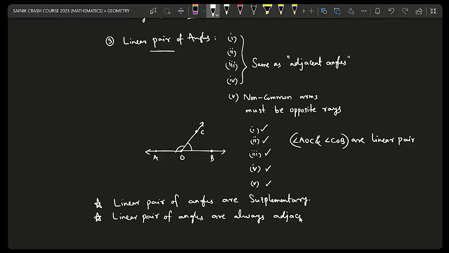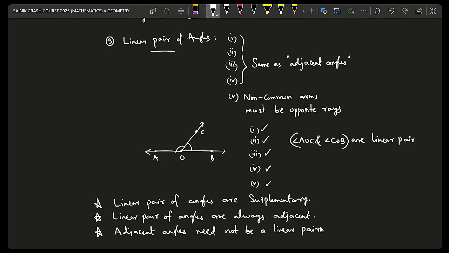But the converse may not be true. That is, if adjacent angles are there, they may not be a linear pair. Adjacent angles need not be a linear pair. Maybe, maybe not. We don't know. But if a linear pair is there, we can say they are definitely adjacent.